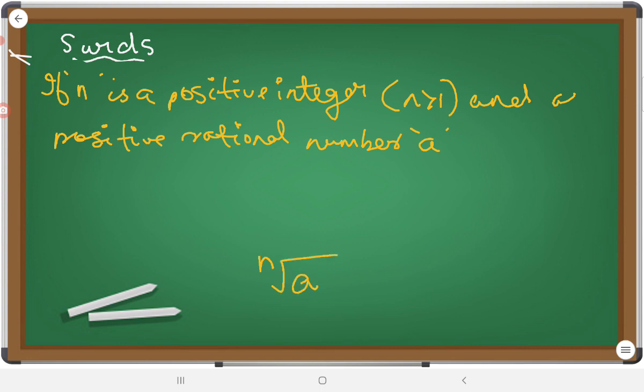You know this radical, am I right? The nth root of a can be written as a power 1 by n.